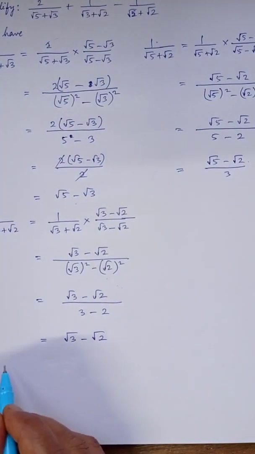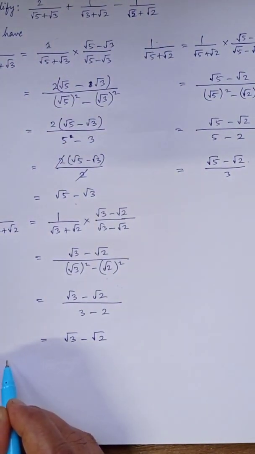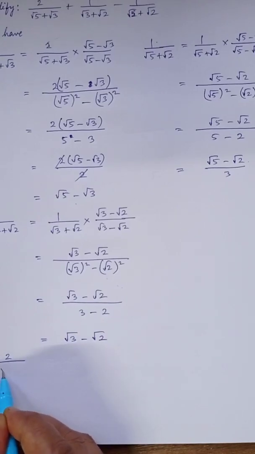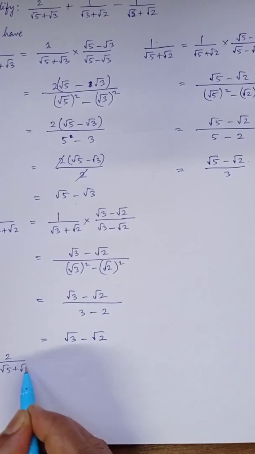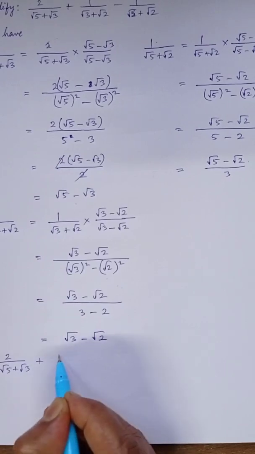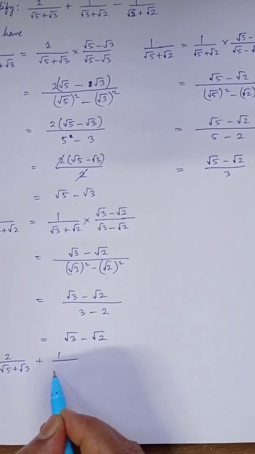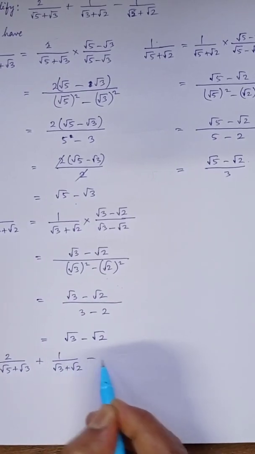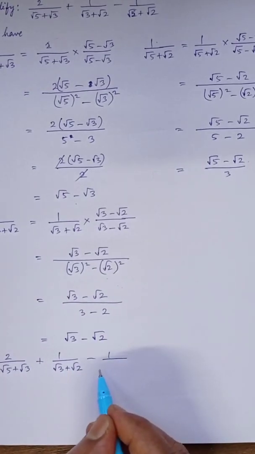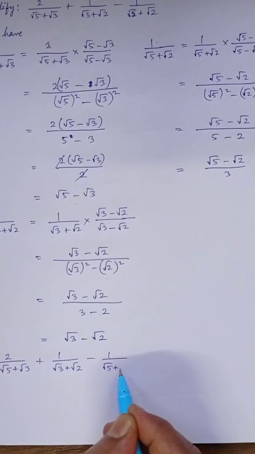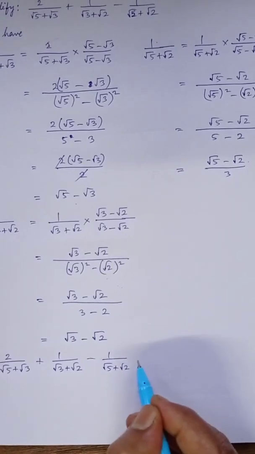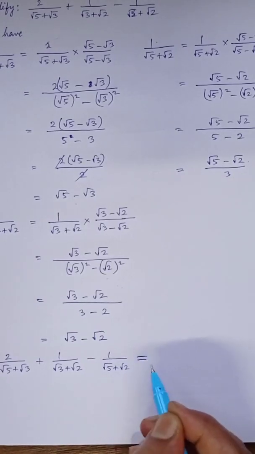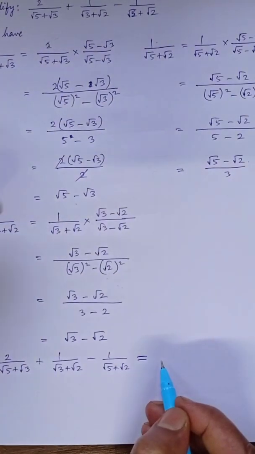So our question was 2 by root 5 plus root 3 plus 1 by root 3 plus root 2 minus 1 by root 5 plus root 2. So this is equal to, we are finding the answer now.